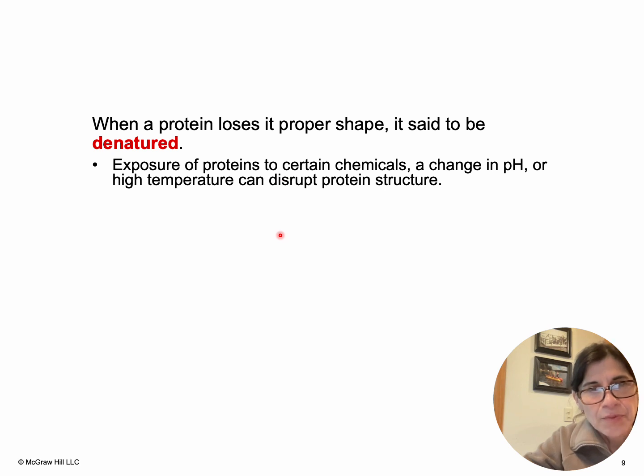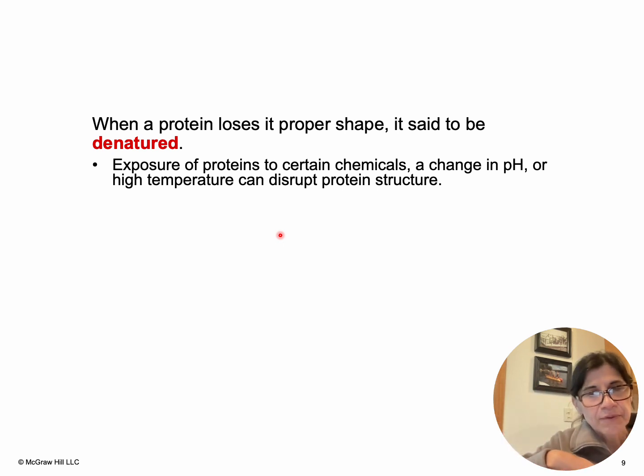The one thing about proteins, I'm going to give you an example that you've probably seen before, is that because their shape is so specific and it's held together by these bonds and interactions between the R groups, under certain harsh conditions that shape can be compromised. It can fall apart.